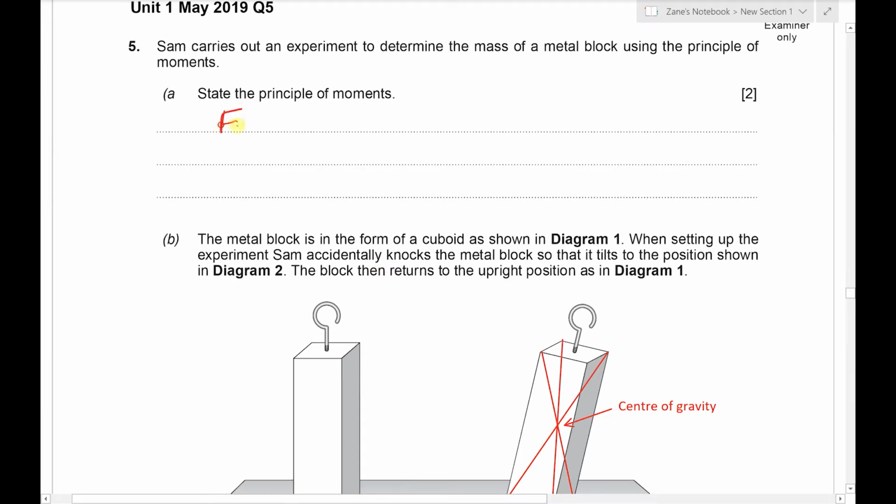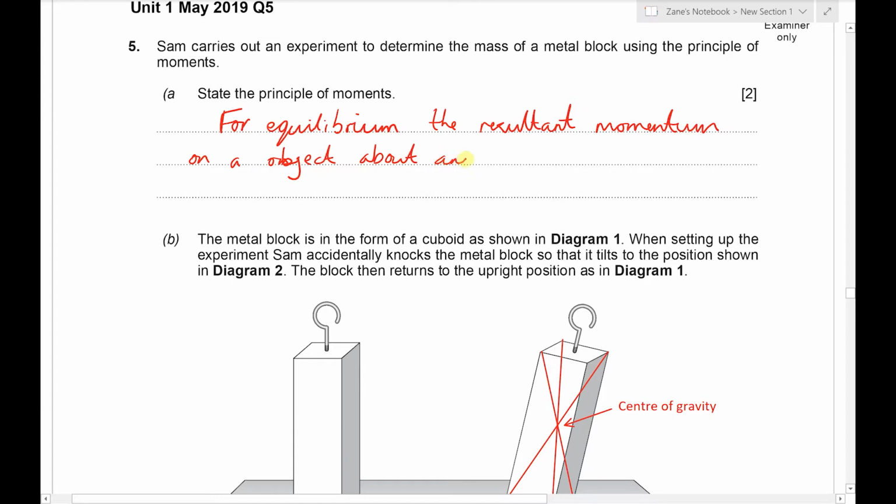So we're going to start with the idea that the object wants to be in equilibrium. So for equilibrium, the resultant moment on an object about any point must be 0.